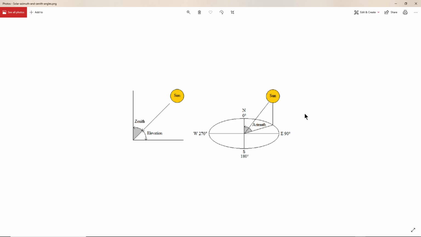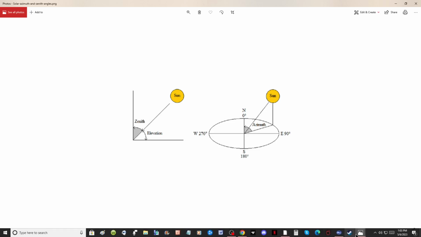And the other term we're going to need to know is the azimuth. In other words, the angle. The angle is to true north, and it's measured in 360 degrees, and this is showing where the sun's position is on the horizon as far as its compass heading, basically.